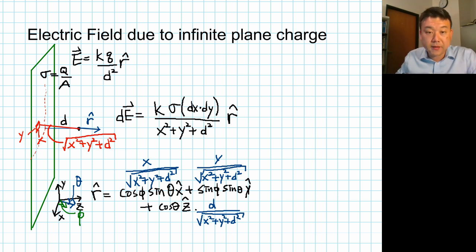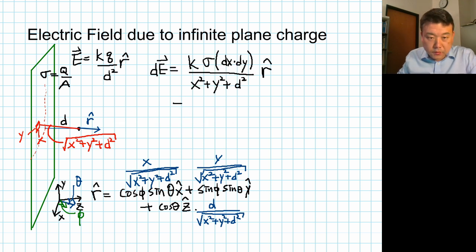So let me write that all out. Okay, so all of this is equal to, I'm not going to write k sigma dx dy every single time, so let me just write it out once. k sigma dx times dy. And I'm going to factor out this common denominator for each of these three terms, so that this common denominator outside here will be x squared plus y squared plus d squared raised to the power of 3/2.